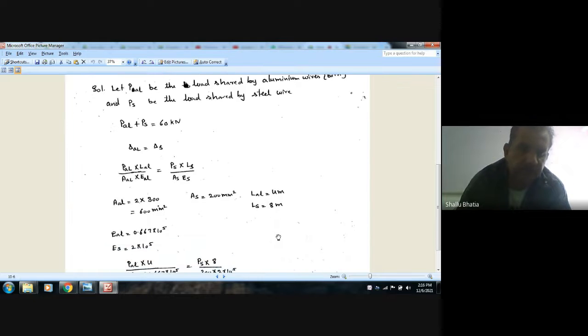For the steel it will be 200, and the length will be 4 meters for aluminum, LS for steel will be 8 meters. PAL is given and ES is also given, so we can put in the values directly.